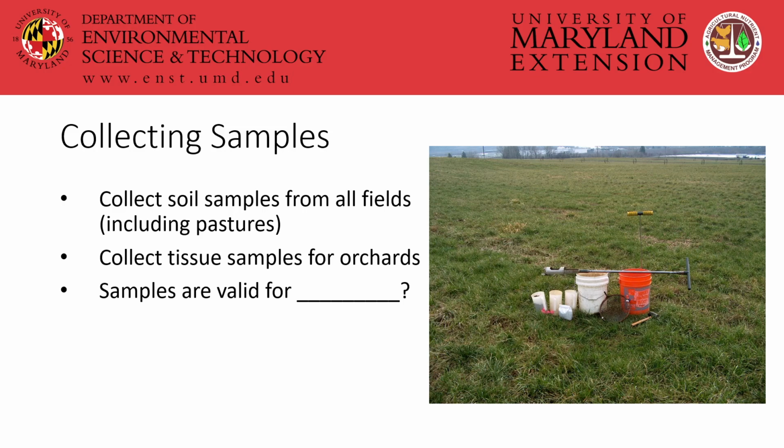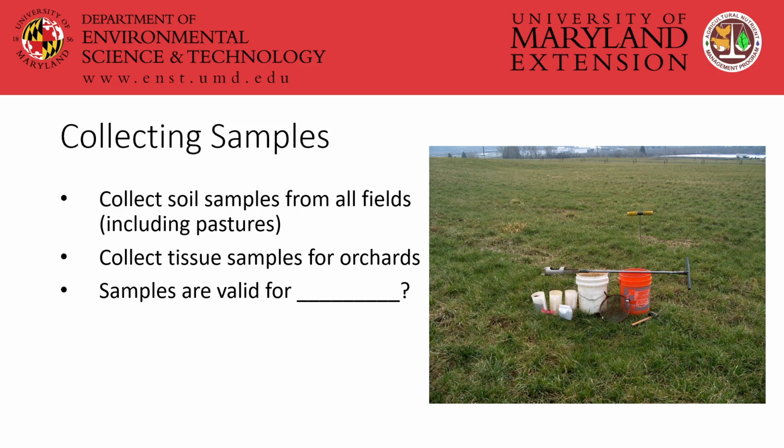All management units, I should say. Now you can combine fields if they have similar soil type and they're managed the same. So you could apply one soil test to 2 different fields as long as they're managed the same, same cropping history, same nutrient applications, and similar soil types. All right? That includes pasture. Yes. But remember, you've got to have those similarities in management and soil conditions.